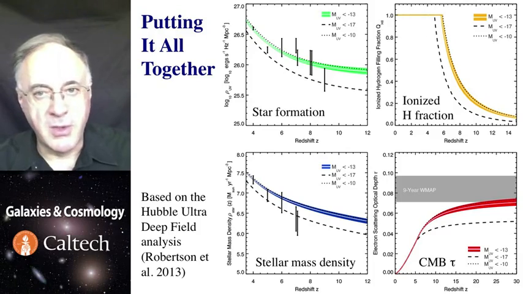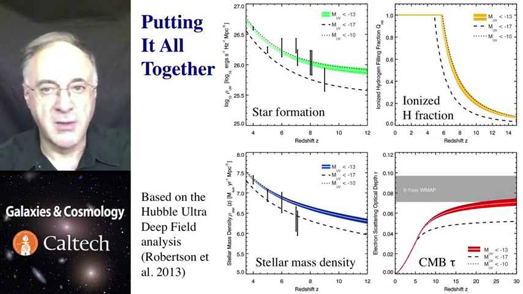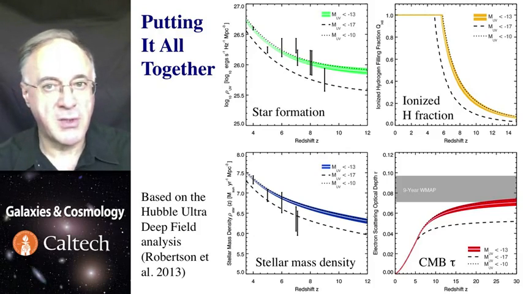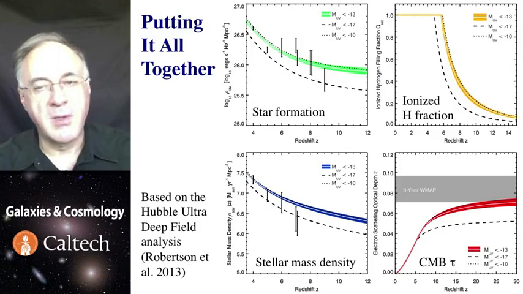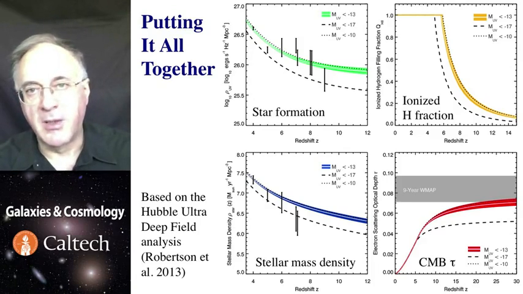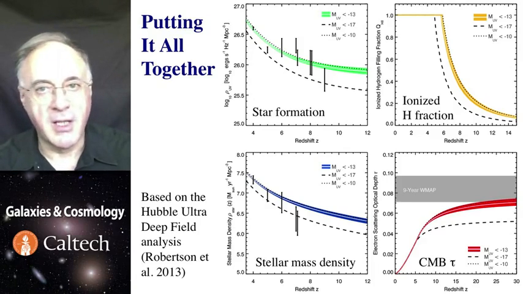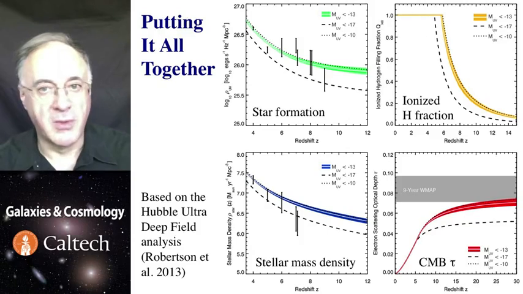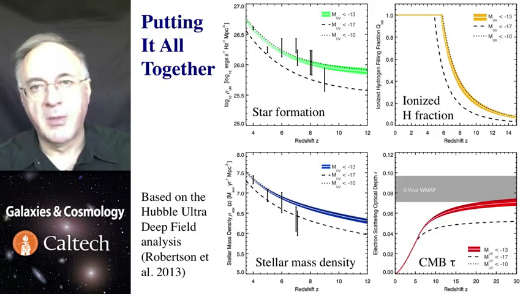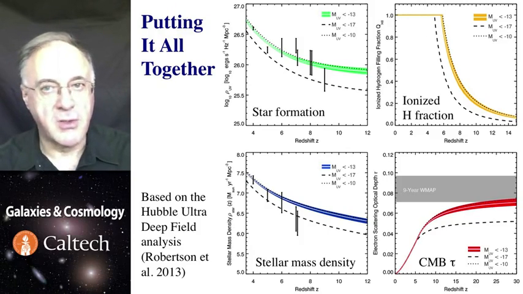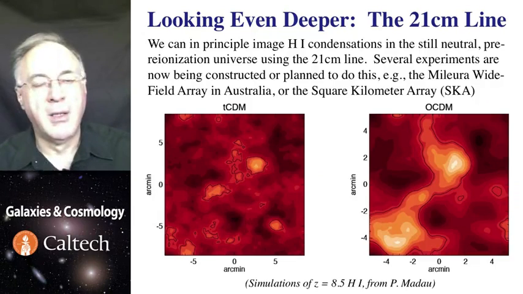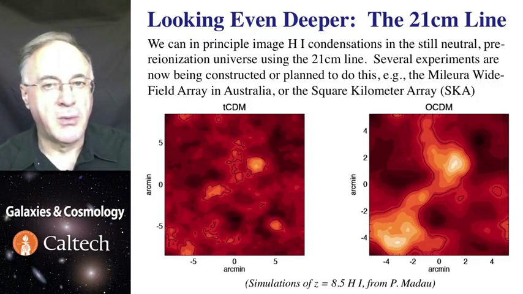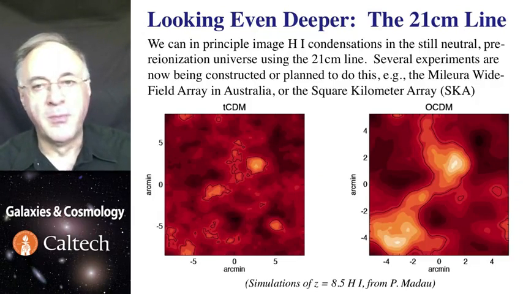And you can make predictions of what should have been seen in microwave background measurements, and in fact, that matches the observations. So we now seem to have a reasonably consistent story about the formation of first stars and galaxies in that era between redshifts 20, 30 or so, when first stars form, till about redshift of 6 when the reionization is complete. Going even deeper would require a different kind of measurement.